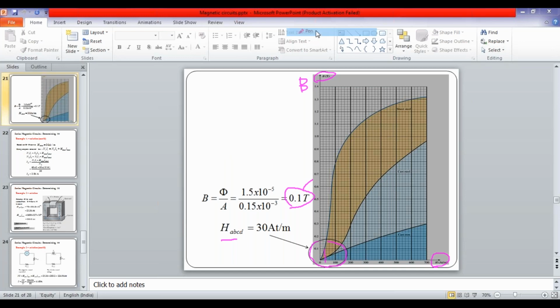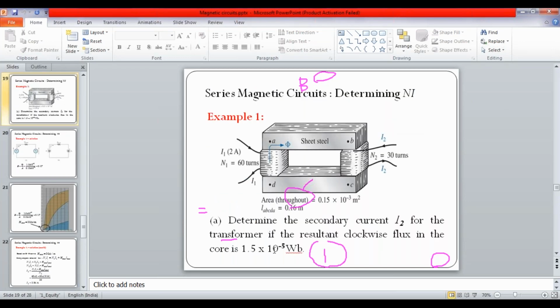From the given data, you can calculate the flux density B. B is equal to flux by A. The flux value is given as 1.5 into 10 power minus 5 Weber, and the area is also given.